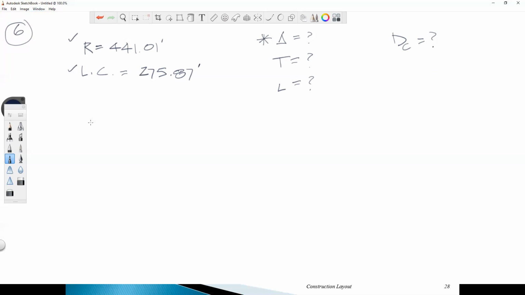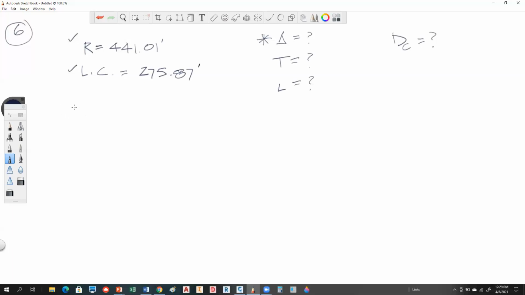So if we look at the equation, the long chord is equal to 2 times the radius times the sine of half of delta. Notice what we have here. We have this and we have this. So what we can do is rewrite this equation.